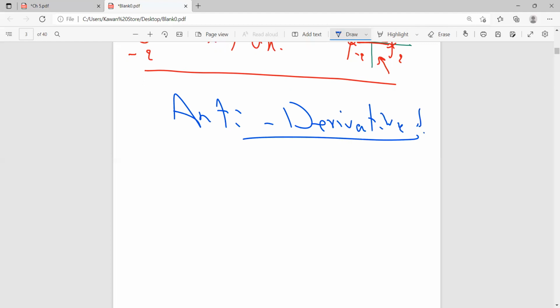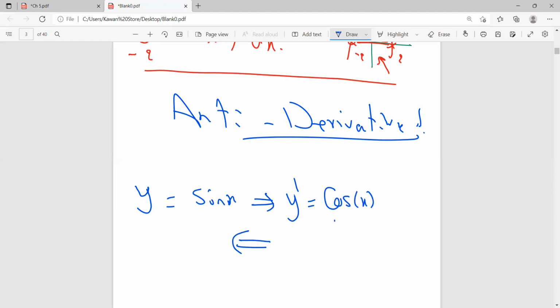For example, I have y equal to sine of x, right? The derivative is cosine. Are you sure? Good, cosine. Now, this integral is the antiderivative. Look at it. The integral of cosine of x, the result will be what?